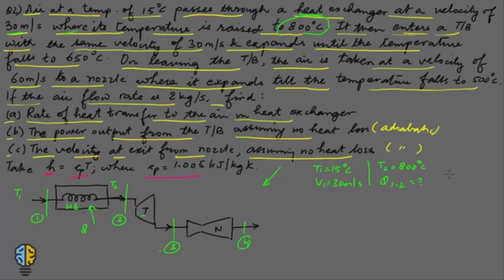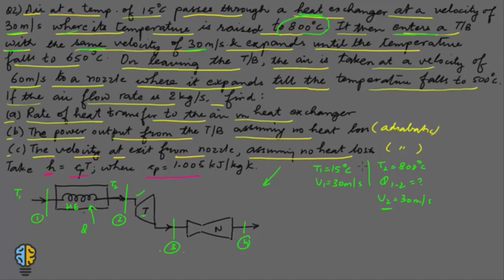Alright. Now the air then enters the turbine at the same velocity of 30 meters per second. So V2 is again 30 meters per second. Now V2 is the velocity at exit of the heat exchanger and entry to turbine.